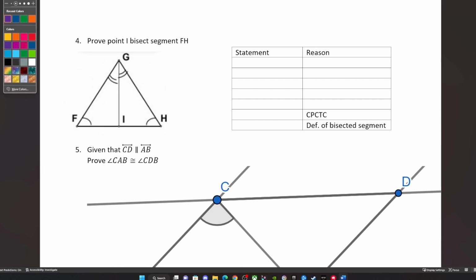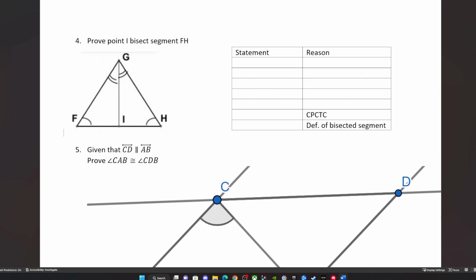If you are able to show that both halves are the same, therefore the segment has been bisected. Technically right here we want to show that this half is the same as this half. If I can show that this side FI is congruent to this side IH, then I would have shown that point I, this point, is bisecting, cutting in half, segment FH. That is all I want to do.